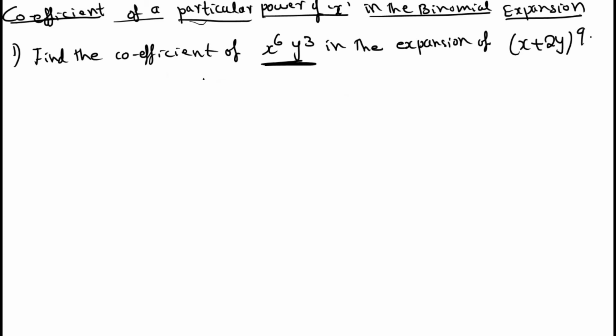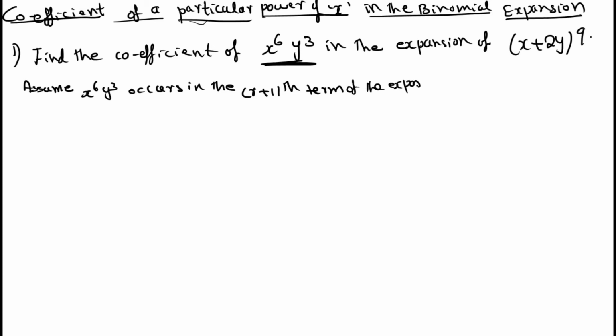To solve this type of problems, first we need to assume x to the power 6 into y cube occurs in the (r + 1)th term of the expansion of (x + 2y) to the power 9.